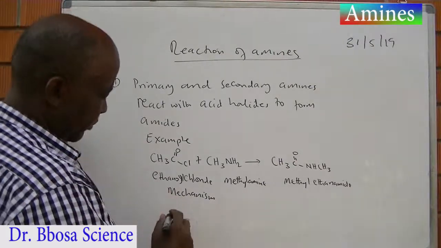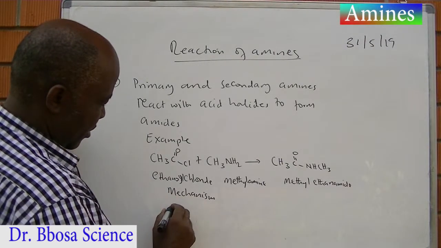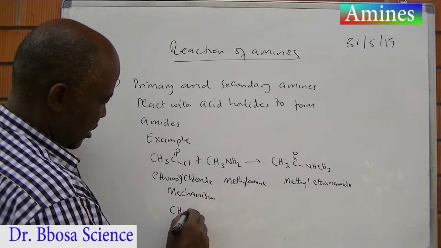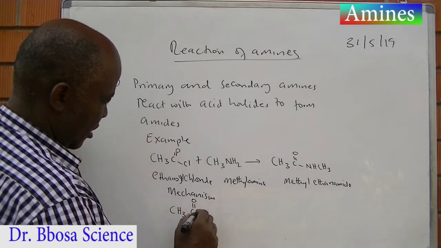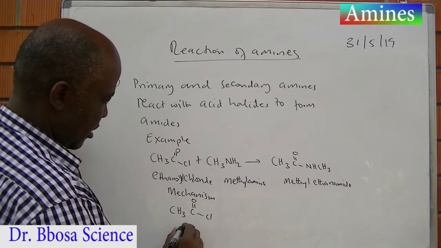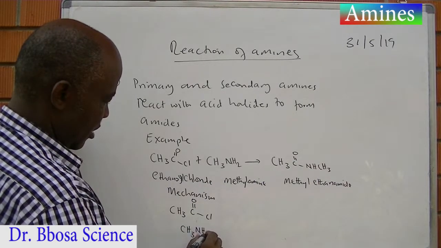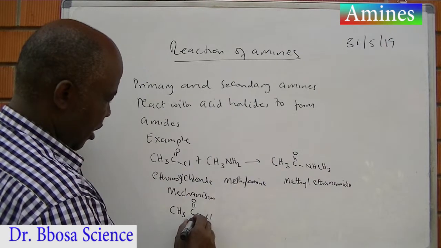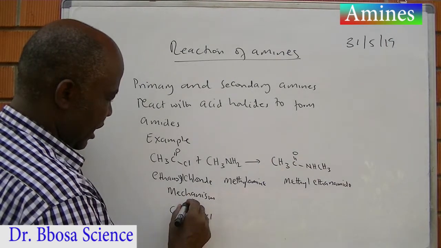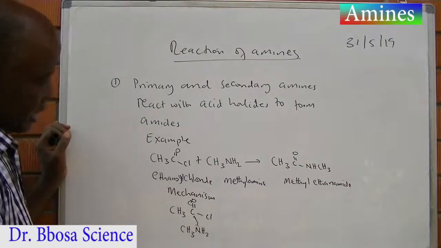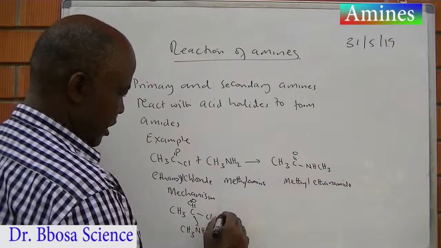Mechanism: this one uses the lone pair of electrons to attack the ethanoyl chloride.